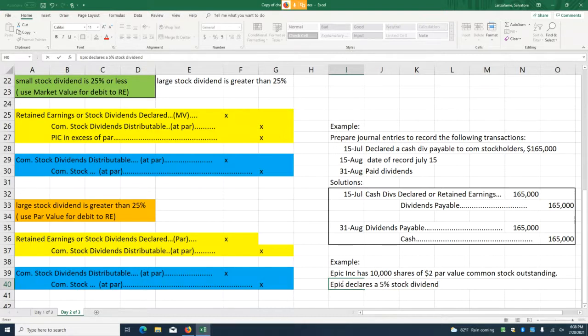So Epic declares a 5% stock dividend on July 1st when the stock market value, this is the market value, is $8 a share.